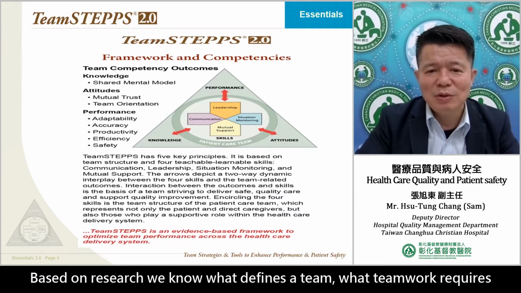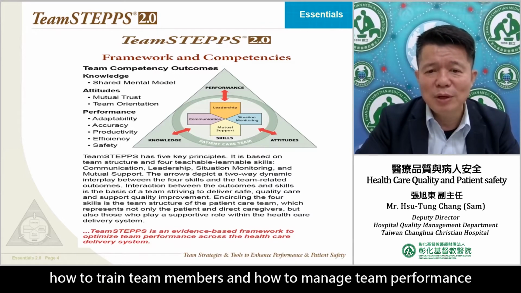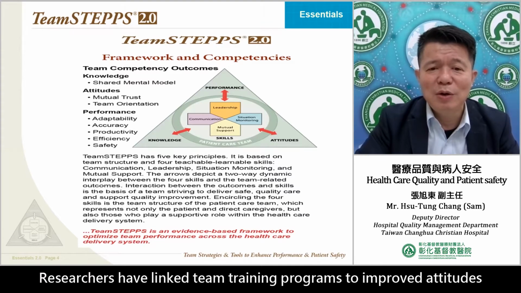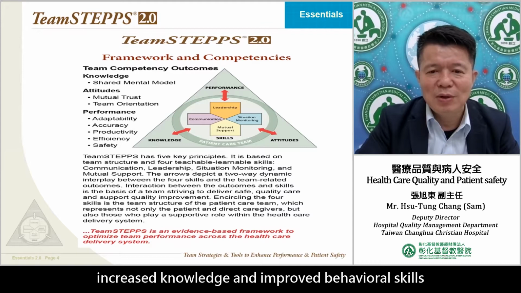Based on research, we know what defines a team, what teamwork requires, how to train team members, and how to manage team performance. Researchers have linked team training programs to improved attitudes, increased knowledge, and improved behavioral skills.